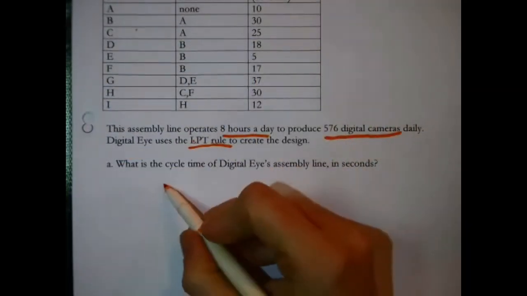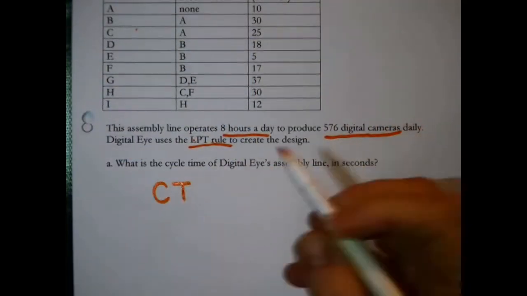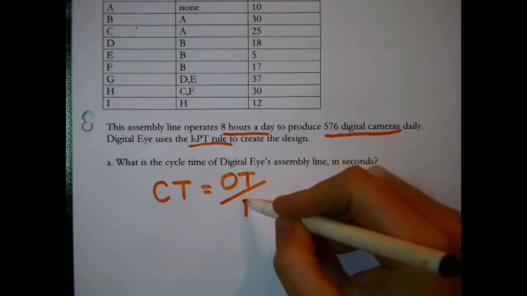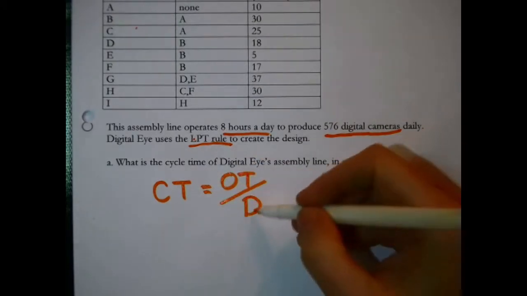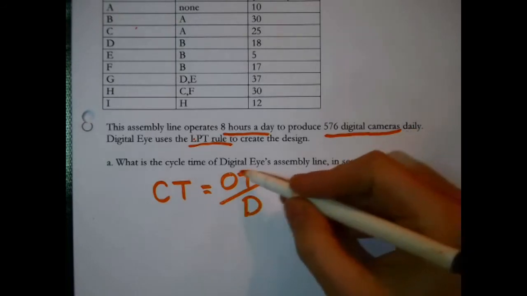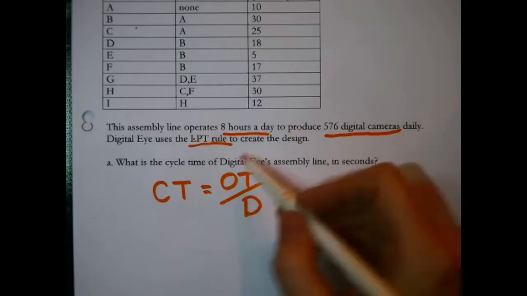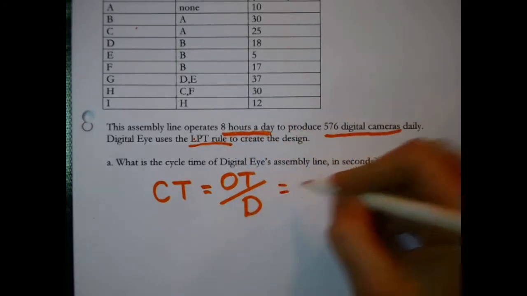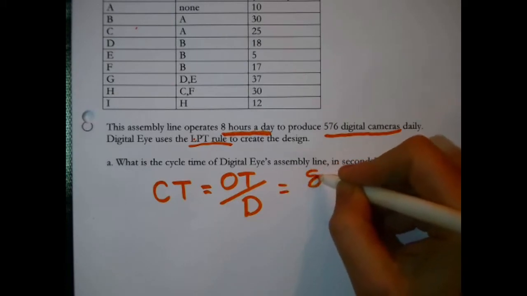Cycle time, I'm just going to write CT, equals operating time divided by demand. Operating time is how long you want the line to run, and that's what I underlined. It said they would like it to run for 8 hours a day. Perfect.